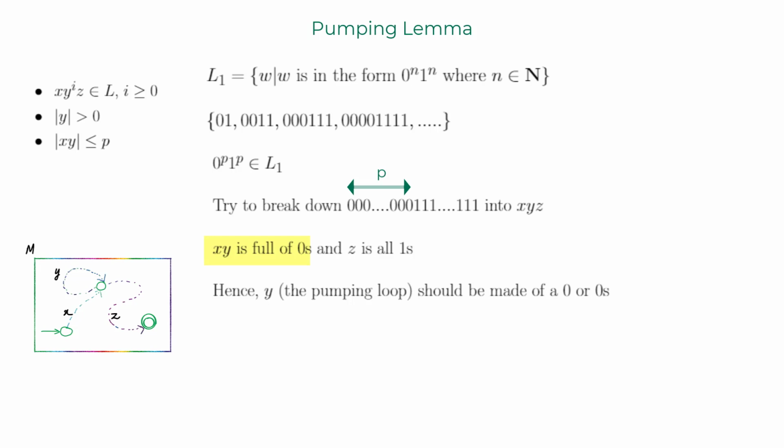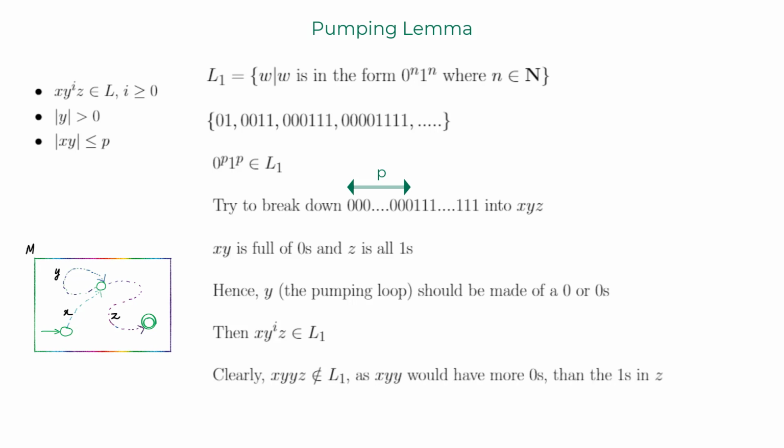So the DFA should be pumping those zeros indefinitely, and the general format of the strings that are accepted would look like this: x, y to the power i, z, where i can take any value from 0 to infinity. So x, y, y, z is part of the language, but that causes an imbalance in the number of zeros and ones in the string.